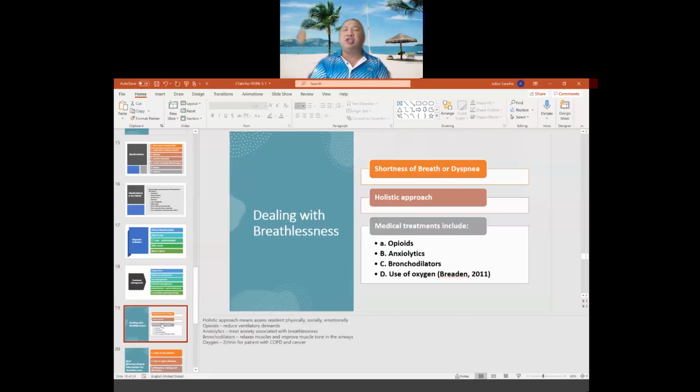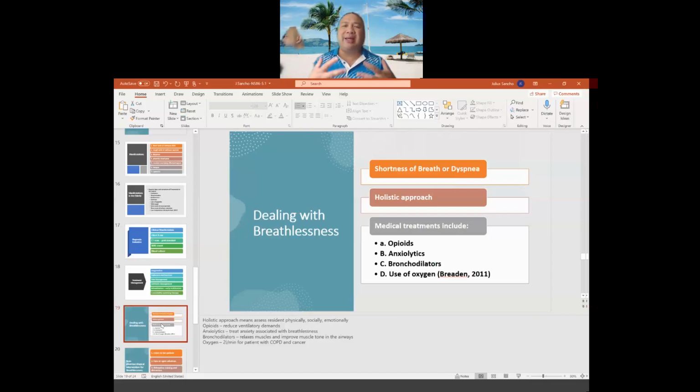Next is dealing with breathlessness. Okay, this is one of the important things that we need to know how to deal with, because this could happen in the nursing home, right? Most of the time, residents with COPD or with pulmonary disorder will develop some sort of breathlessness, or what we call shortness of breath or dyspnea.